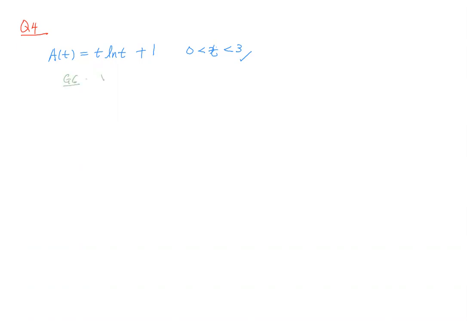I key into Y1. Those who have your GC with you, please do so. After that, you go to window. I'm repeating this so that you are familiar with your calculator.